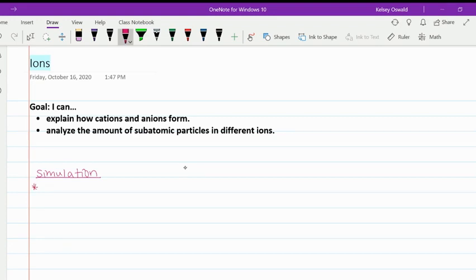We saw that, remember, the number of protons does not change. Okay. However, our electrons can be transferred from one object to another.